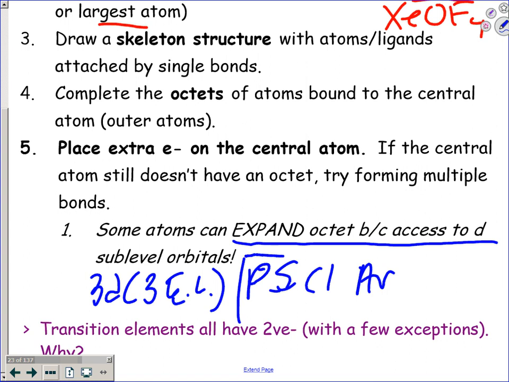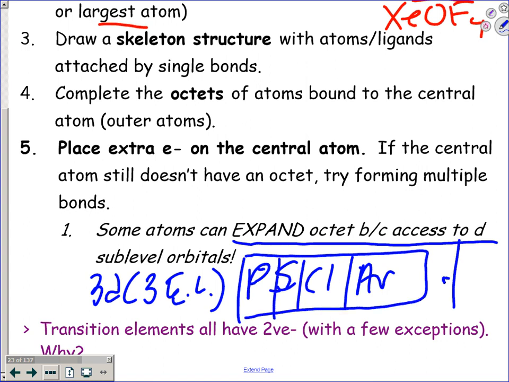So here's your rule of thumb: anything that is phosphorus, sulfur, chlorine, argon, and down, meaning fourth energy level, fifth, sixth, whatever, has access to d orbitals. They can expand octet, meaning they can have 10 electrons around them, or 12, or 14. Correct, not period 2. I'm just trying to get you to see that on the periodic table this correlates with the third energy level, which technically has access to 3d orbitals.